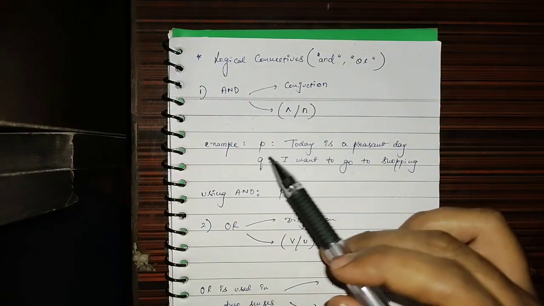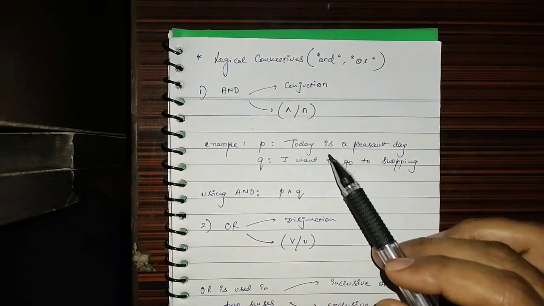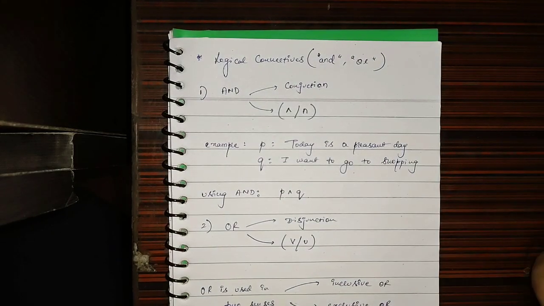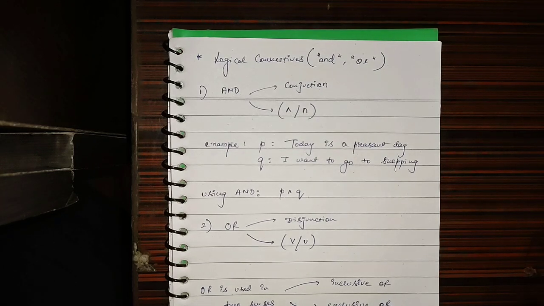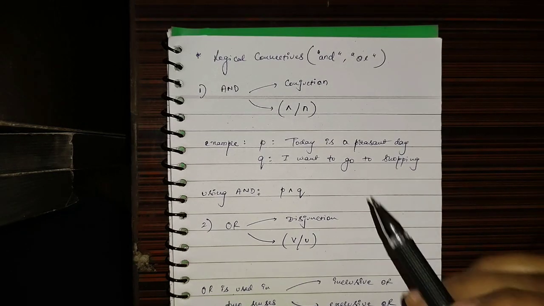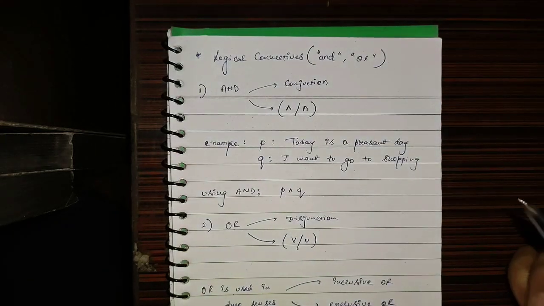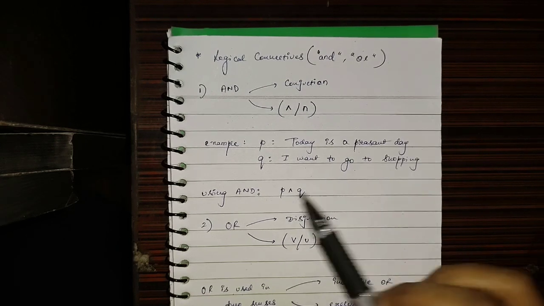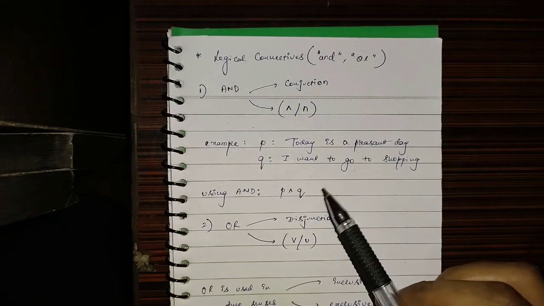If I have two statements, statement P says today is a pleasant day, and statement Q says I want to go shopping, then I can join these two statements to form a single compound statement. I just have to use the symbol in between, and I have made a statement that is a combination of these two statements. It will be read as: today is a pleasant day and I want to go shopping.